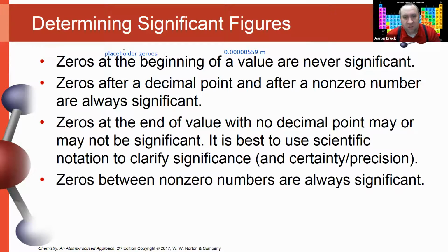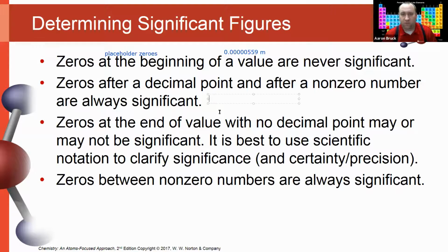So placeholder zeros like this, their only purpose is to hold the place, to make it so that we are showing the correct value of the number. They don't contribute to significant figures whatsoever. When we have zeros after a non-zero number, they tend to be significant, with one notable exception.